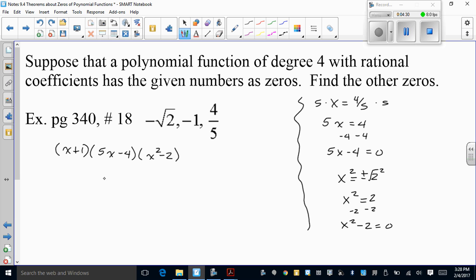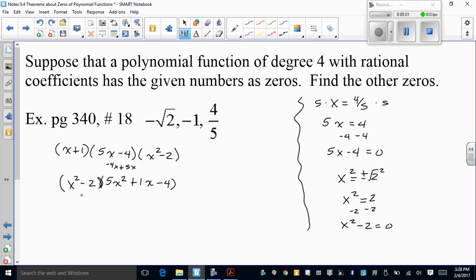I'm going to go ahead and multiply these two out. So that gives me 5x squared, x times -4 is -4x plus 5x gives me a positive 1x, and 1 times -4 is -4. And then bring the x squared minus 2 down.